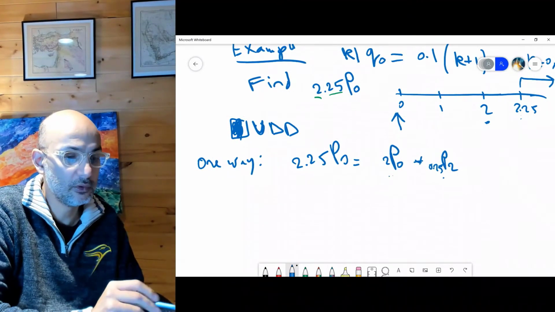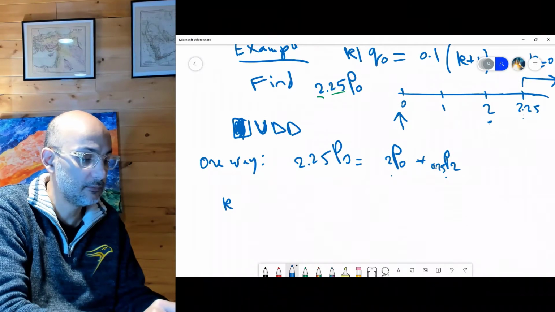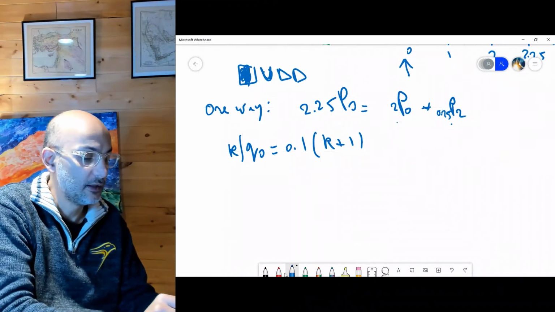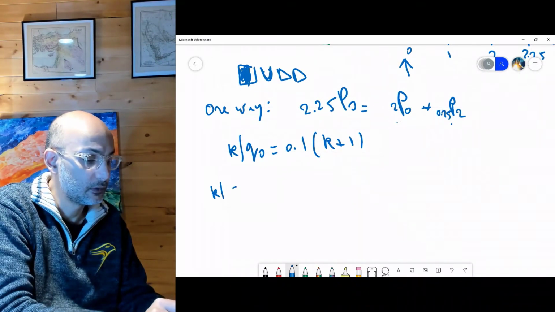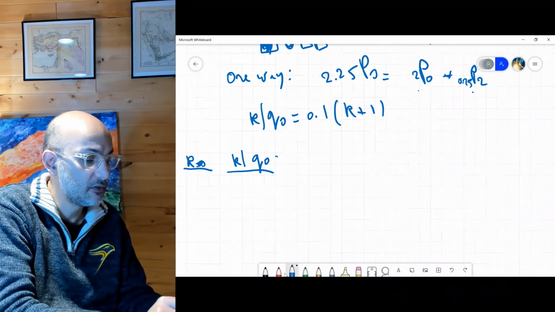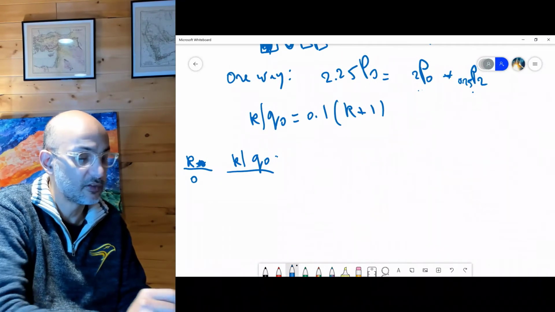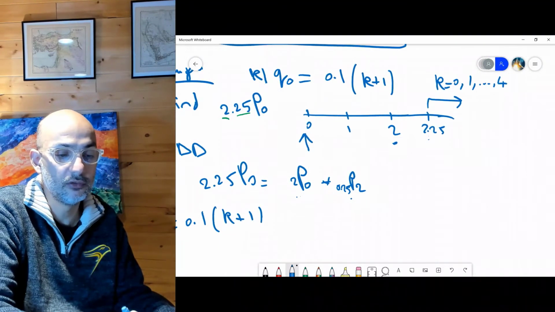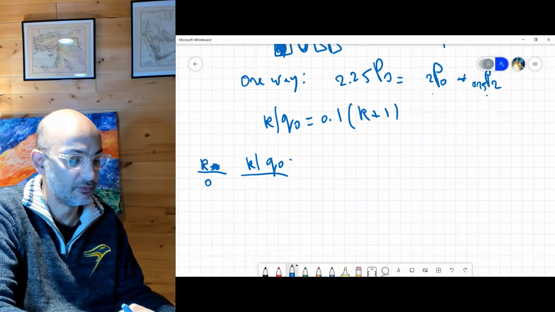Let's start with looking at this function. Now q0 is given to us as 0.1 times k plus 1. So let's look at it. Let's take when k equals k. If k is equal to 0, right, because it tells us k is 0, 1, 2, 3, 4. It's an integer, it's 0, 1, 2, 3, 4. Not 5, 4, right?